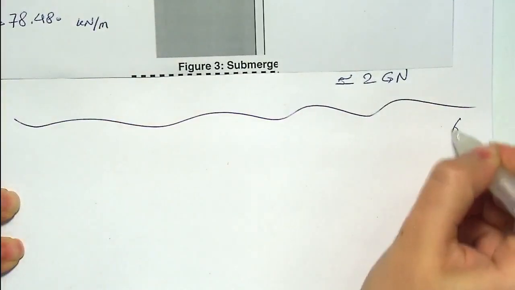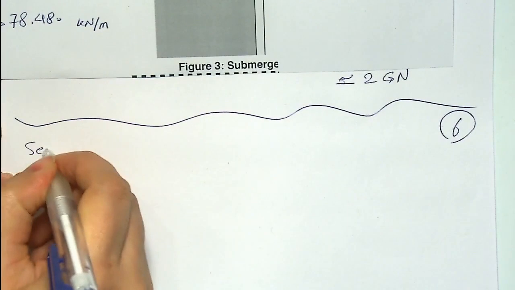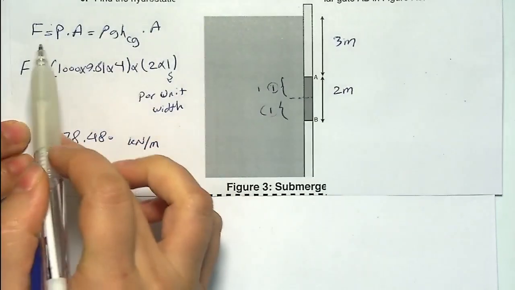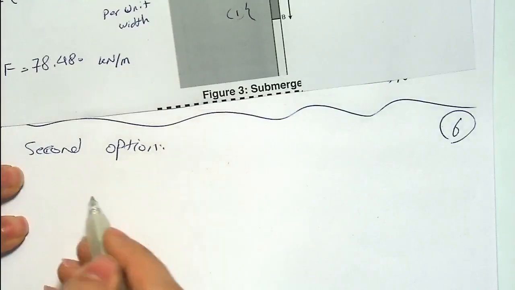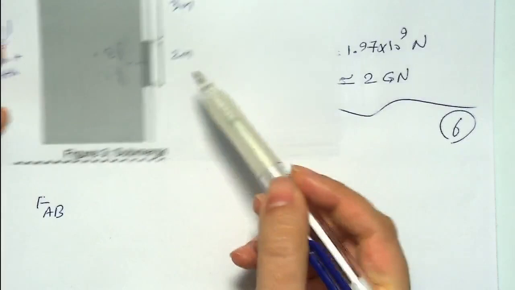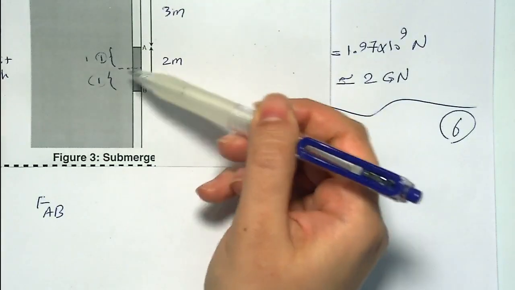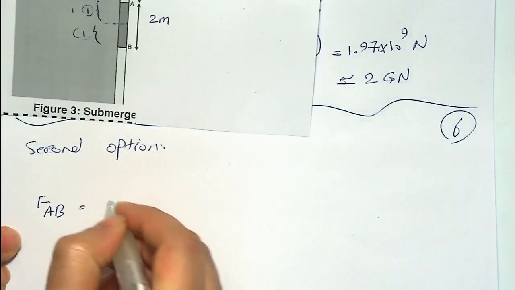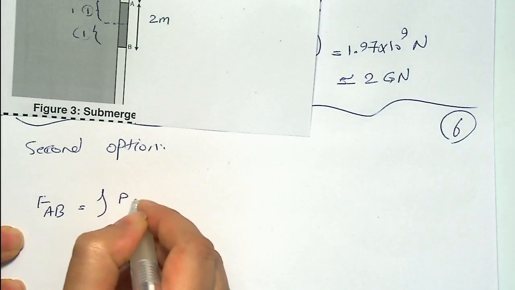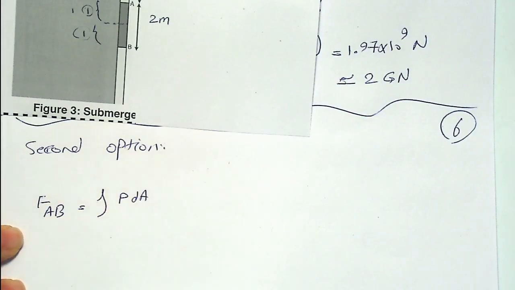Okay, so I'm going to do it here. This second option. I personally always use the rho GH, but it's a good practice for you to use the integral form sometimes. So F on the surface AB can be calculated using the integral of P dA, and again, because it's asking us for the force per unit width, I would need to use W here.